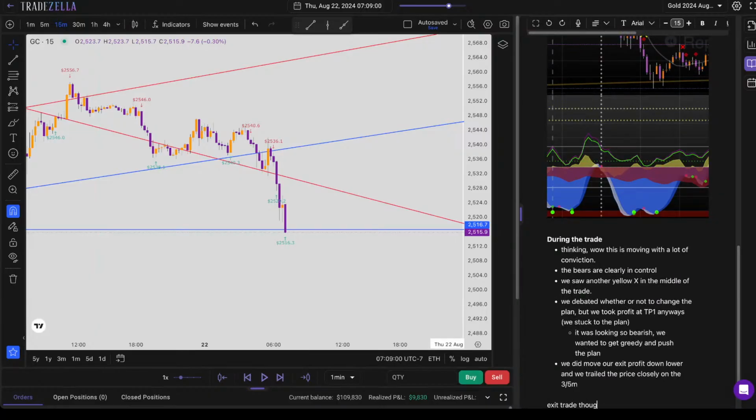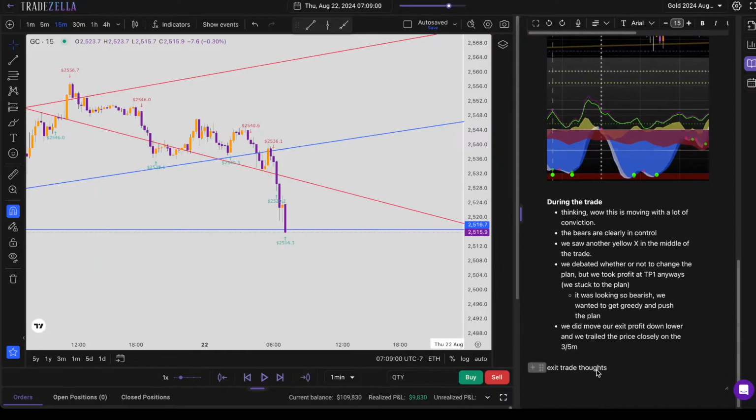Exit trade thoughts. Let's see here. Exit trade thoughts. I mean, pretty simple here too.